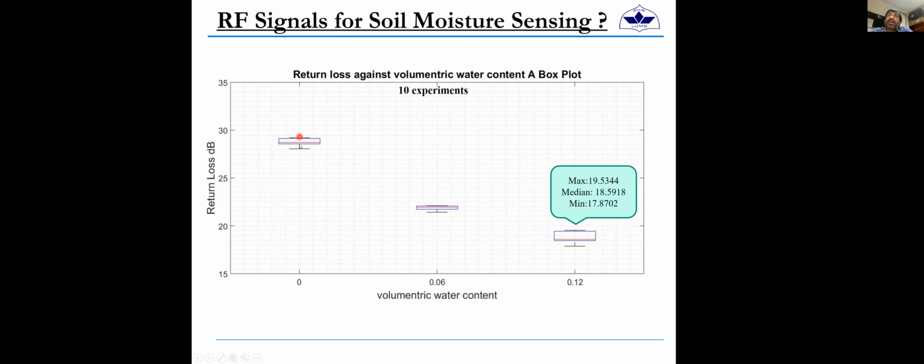Instead of plotting one average value, box plot plots all of these 10 values. So what does it show? It shows you, for example, here you see max of these values, this black thing, min of these values, this black thing, and then median of these values, this red thing.